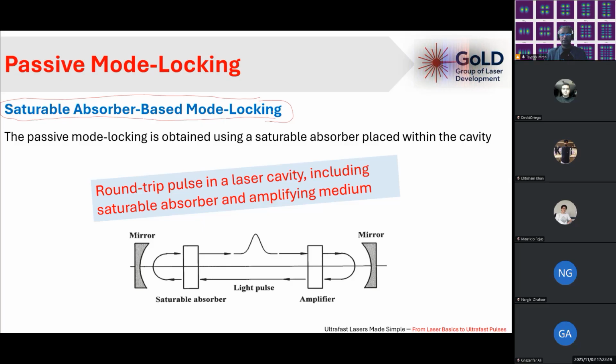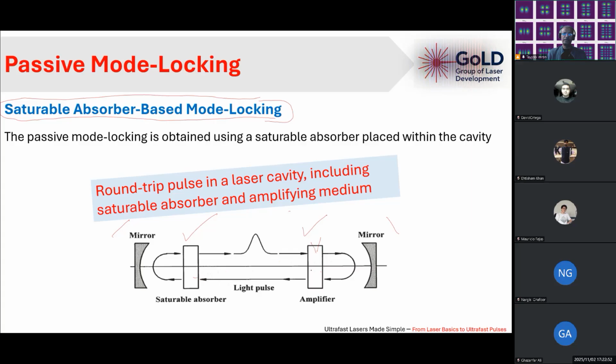If you see here in this very simple diagram, you have a gain medium, a saturable absorber, and the cavity mirrors. The light pulse moves back and forth, and it passes through the gain medium and also through the saturable absorber.